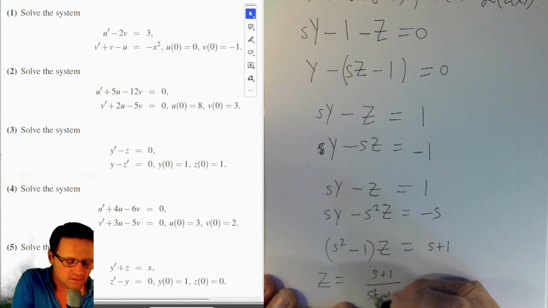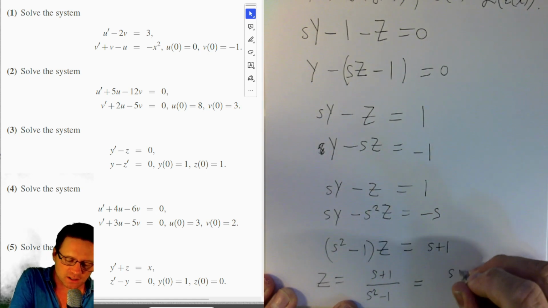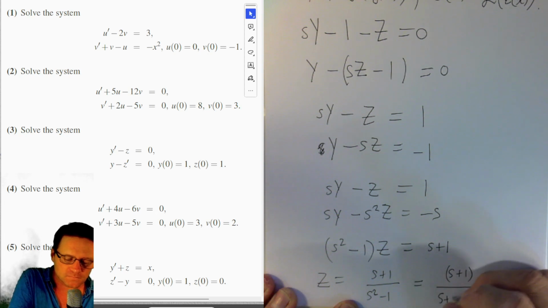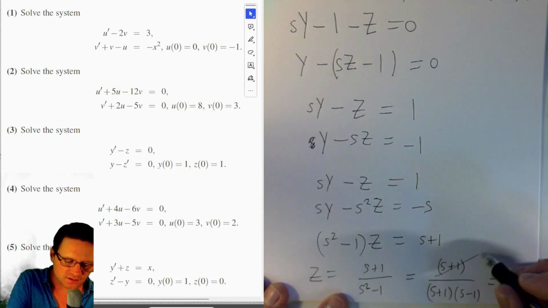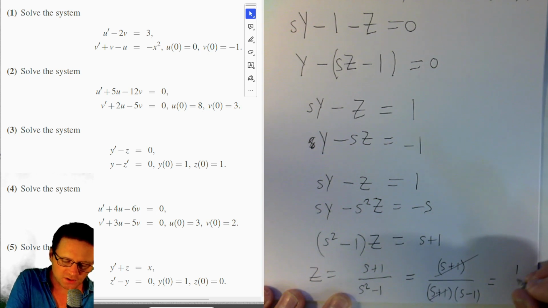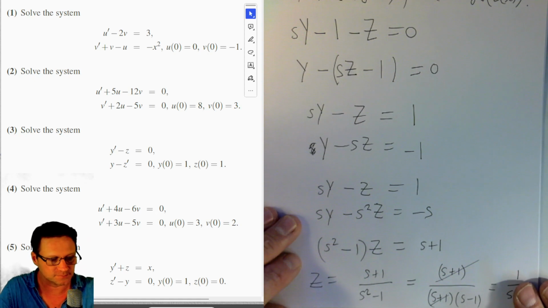But s squared minus 1 is s plus 1 times s minus 1. And so we can cancel the common s plus 1, and then we'll get 1 over s minus 1 for uppercase z.